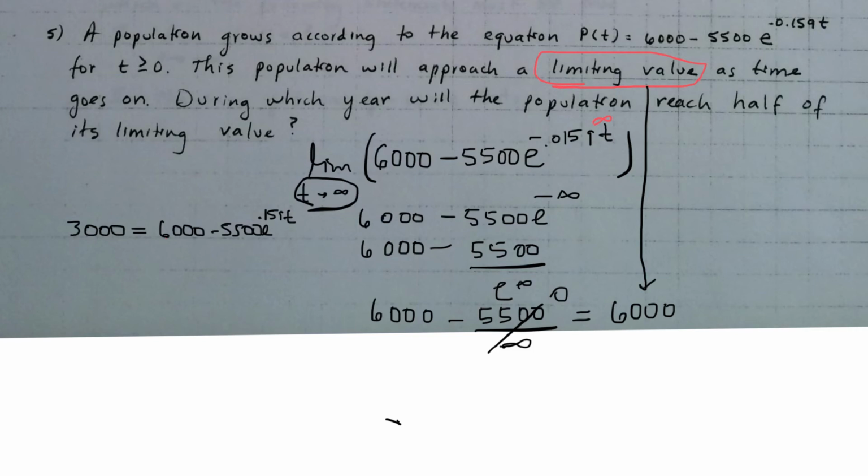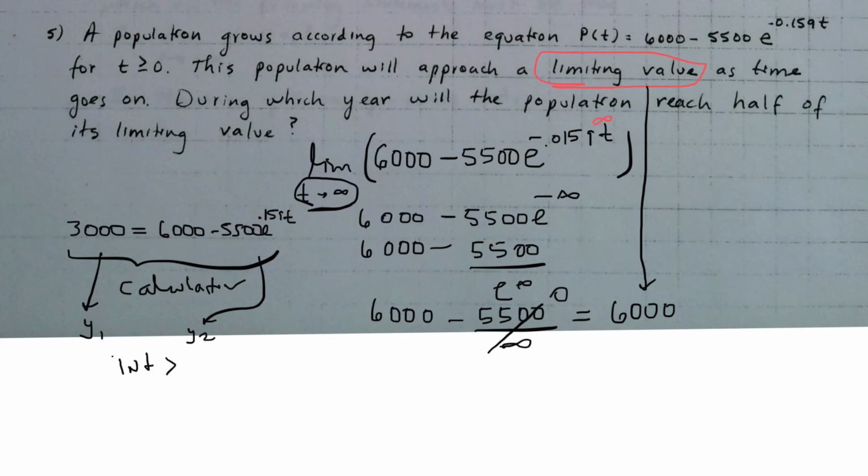And to solve this equation, you need a calculator. And on the calculator, I would just call this y1, call this y2, and you are looking for the intersection. So you would do a second trace intersection.